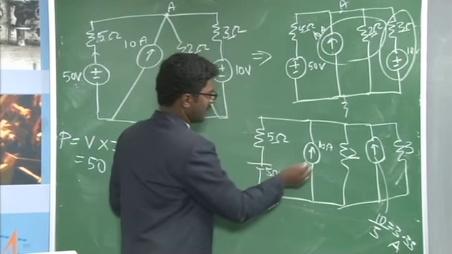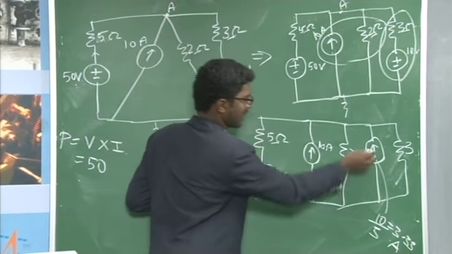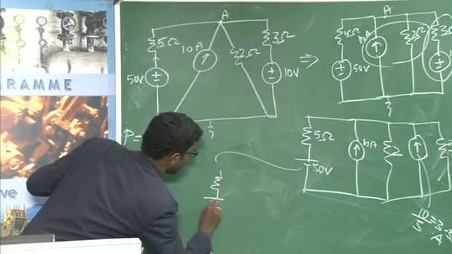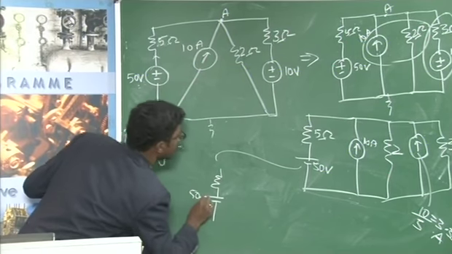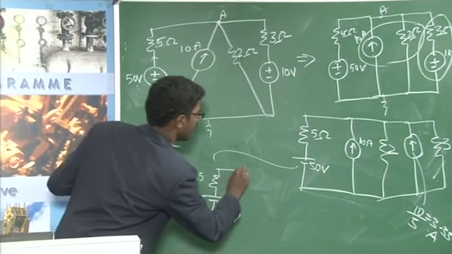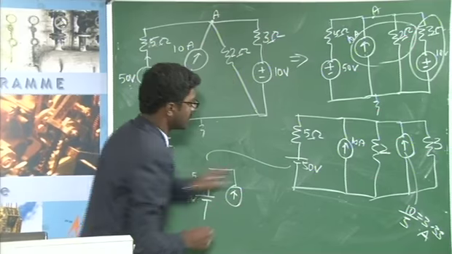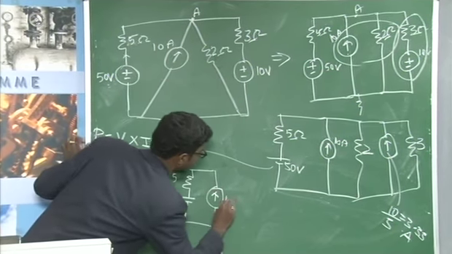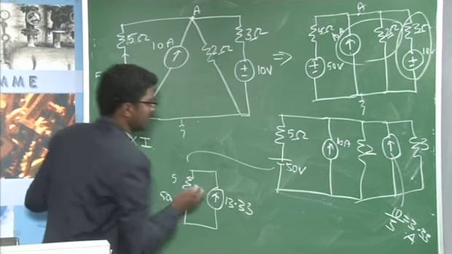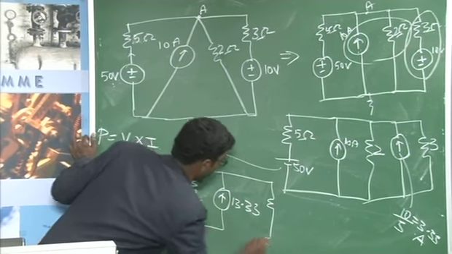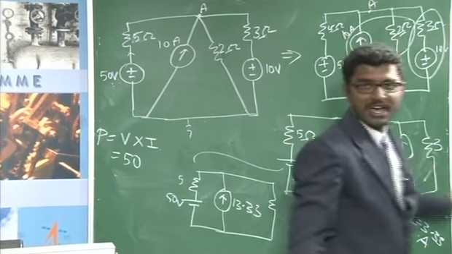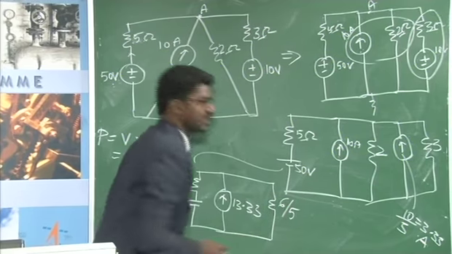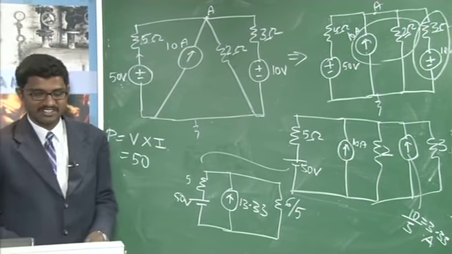You can see that 10 amps and 3.33 amps are in the same direction, so you can sum them up, which will be equal to 13.33 amps, and these two resistances are in parallel, that is 2 and 3 are in parallel. So it will become 2 into 3 by 2 plus 3, that is 6 by 5.